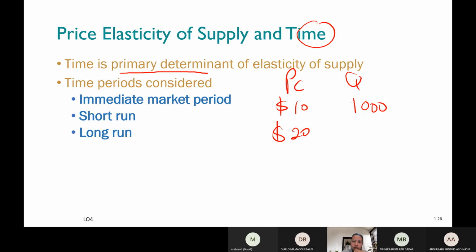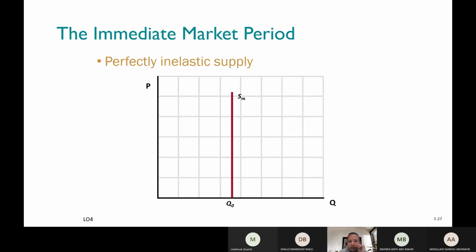Okay, so there are three ways of looking at the time. You can look at it from the immediate, the short run, or the long run. For the immediate period, the elasticity of supply is usually perfectly inelastic. So this is the shape of the supply curve.